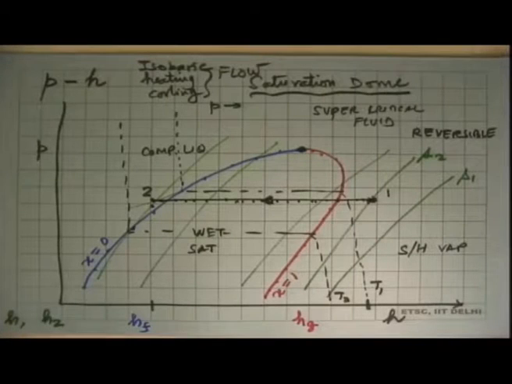The next thing that happens in the refrigerator, and we can now see yet another process that happens there. In the previous module, I discussed that if potential energy changes are very small, kinetic energy changes are small, it is adiabatic, no work transfer, steady state, then inlet and outlet enthalpies are equal to one another in a throttling process.